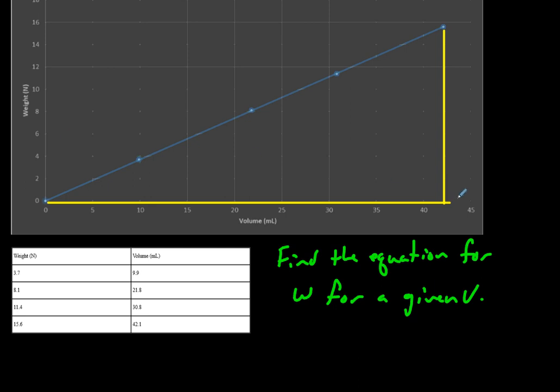So down here we've got a 0 value, and up here in terms of our y, we have a 15.6 value, right? Remember our weights are in this column, so this is our delta w, or delta y if you're speaking generally. In this case it's weight. And here we have our delta x, or really it's delta volume, in this direction. So what is our delta volume? Well, it's 42.1 at its max.